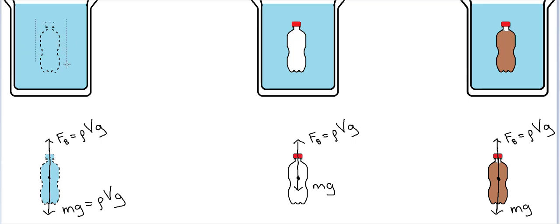If instead I take this region of water and I actually put a soda bottle filled with air there, now the buoyant force is the same, right? It's still displacing the exact same amount of water, but this time the weight of the soda bottle filled with air is very small.